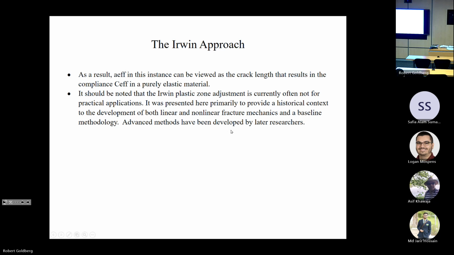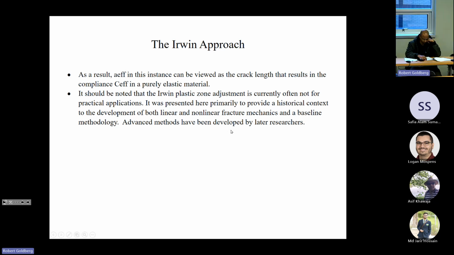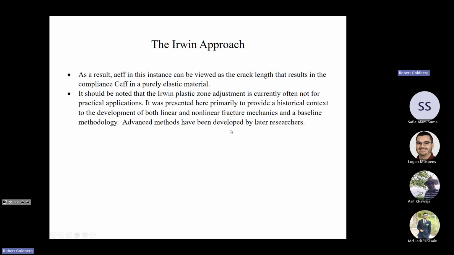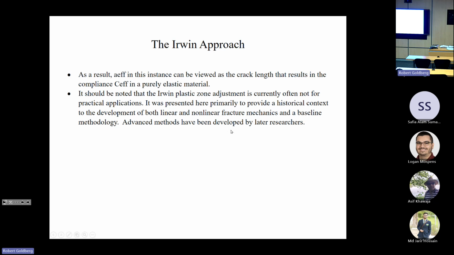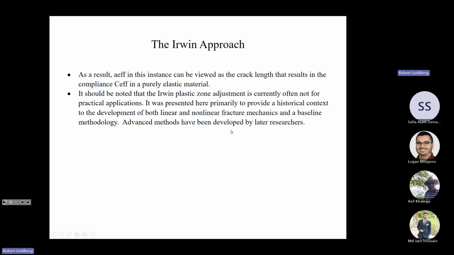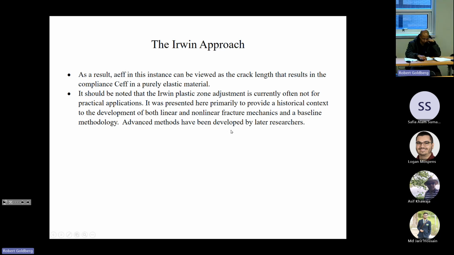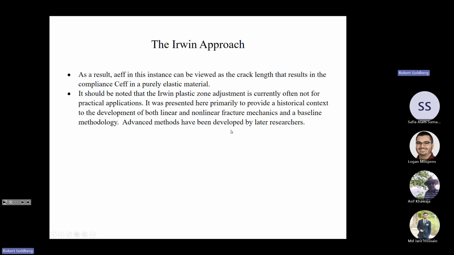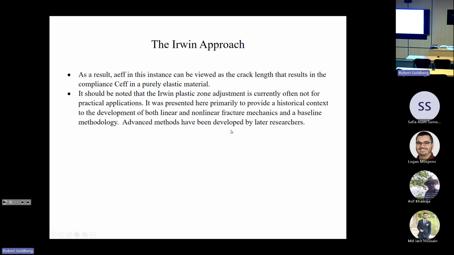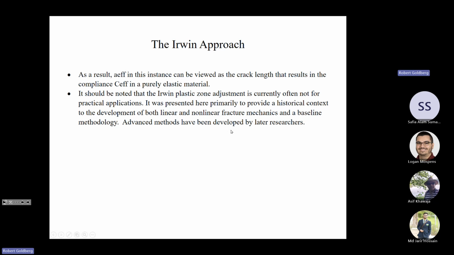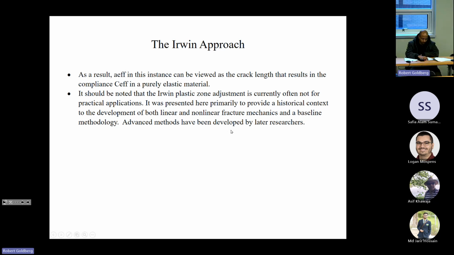Now, like many simplified assumptions, the Irwin plastic zone adjustment is currently not often used for practical applications. It was the first one that was developed to try to account for plastic zone corrections, and it provides some insights into how plastic zones can be accounted for. But it's a baseline.